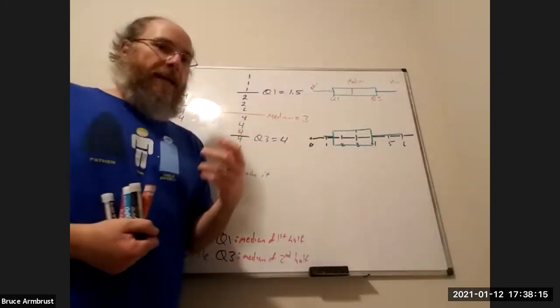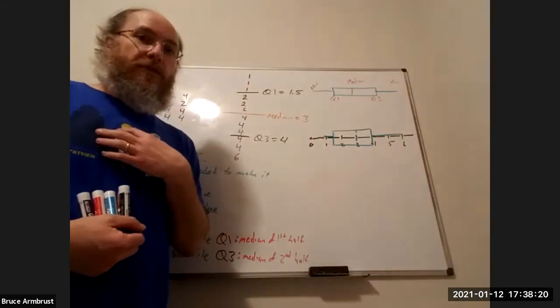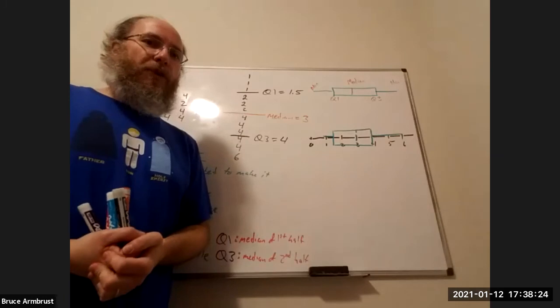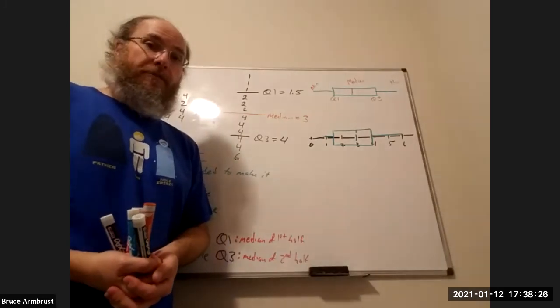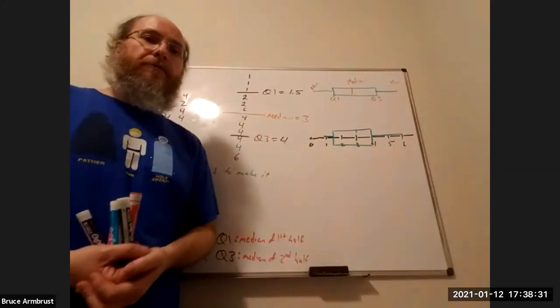But even more, it actually tells us a little bit about the data. And let me just show you some interpretations. So first of all, look at the whiskers. Notice how the whiskers have different lengths, right? This whisker was kind of short, the other one was kind of long.